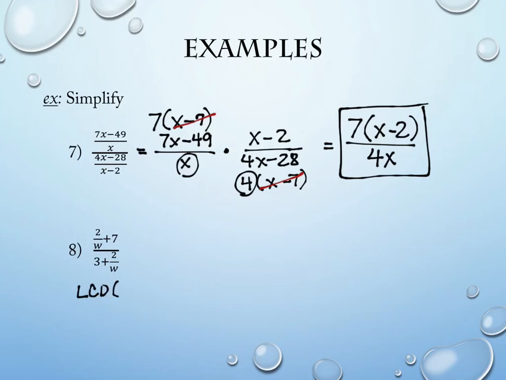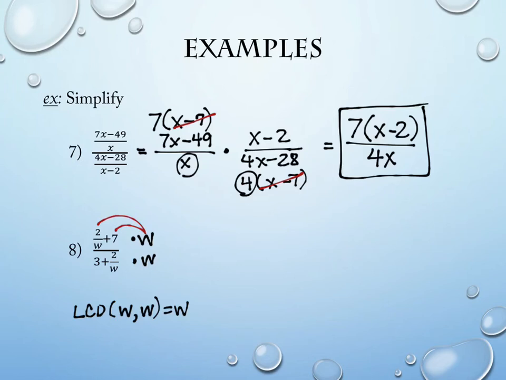The least common denominator of W and W. They're the same. So what should I multiply by? W, you bet. I happen to have little denominators, if you will, that are exactly the same. So I'm going to multiply the top and the bottom by that value.